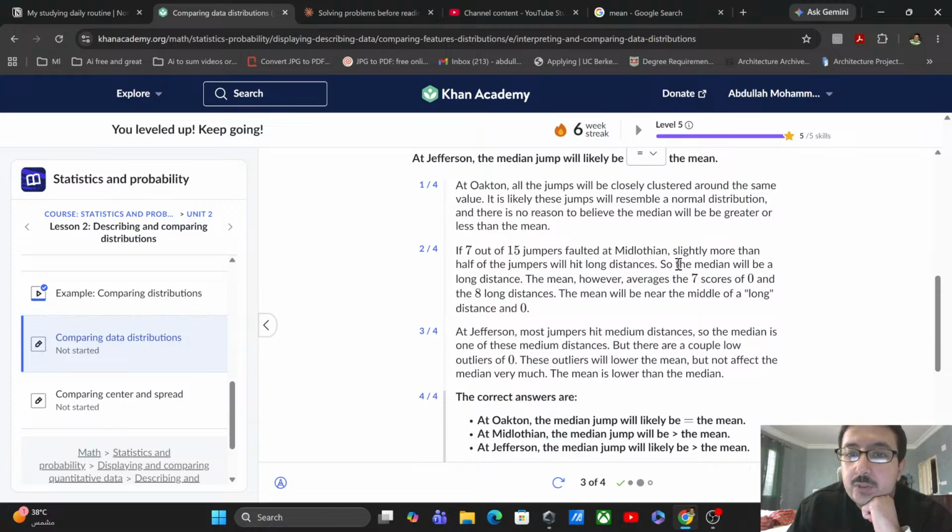Seven faulted, slightly less than half of the jumpers. More than half of the jumpers will hit long distance. More than half, that's true. Right, they hit long, so the median will be long distance.